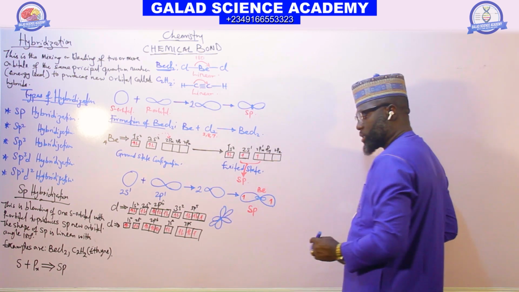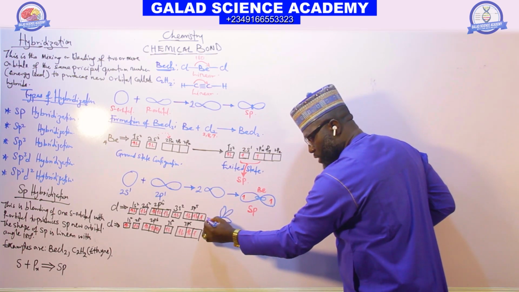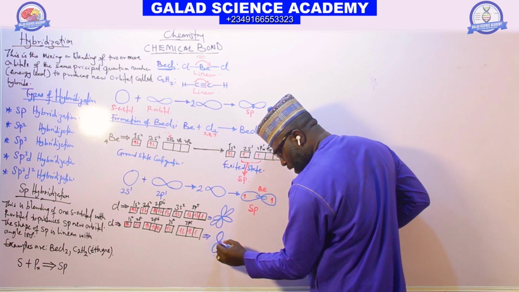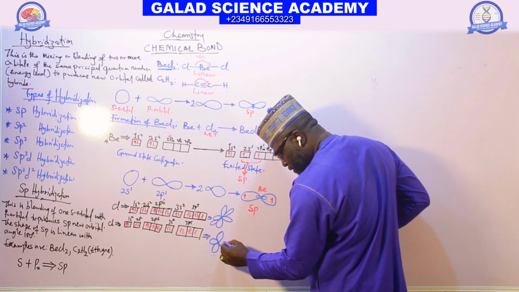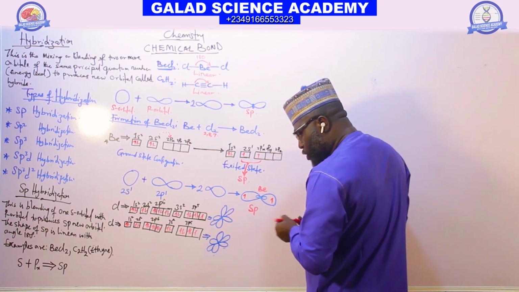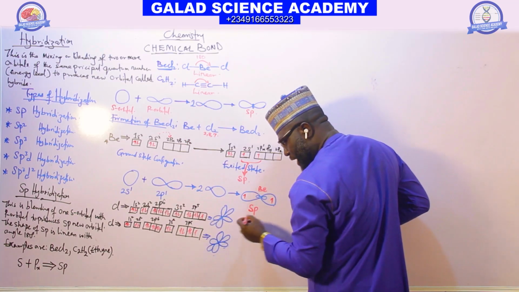This is done what? Dumbbell. For this one, dumbbell here, we have it in this form. So this dumbbell represents this last p here.